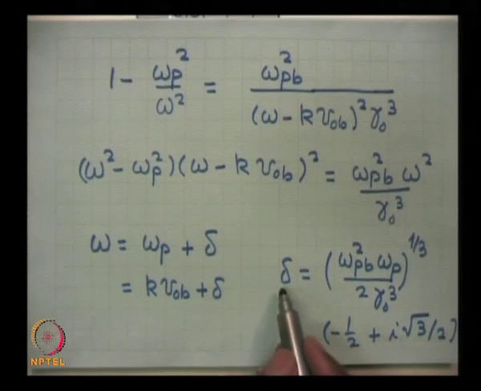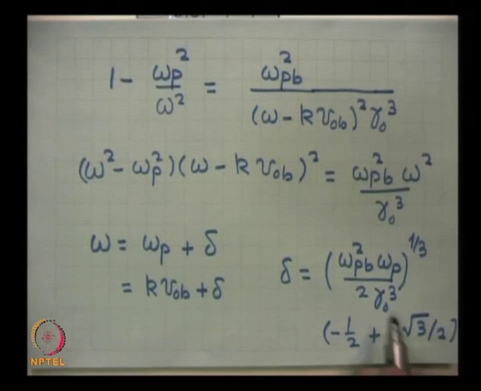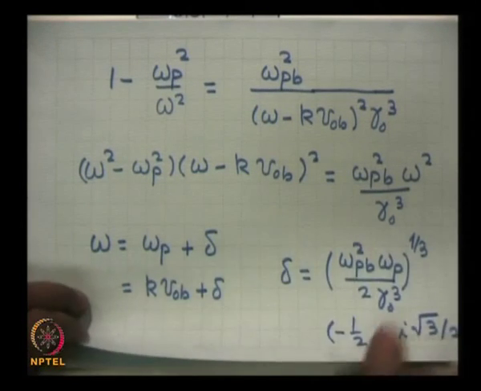So the imaginary part of delta is the growth rate, which is down by the Lorentz factor. This is the main important effect of relativistic mass variation.